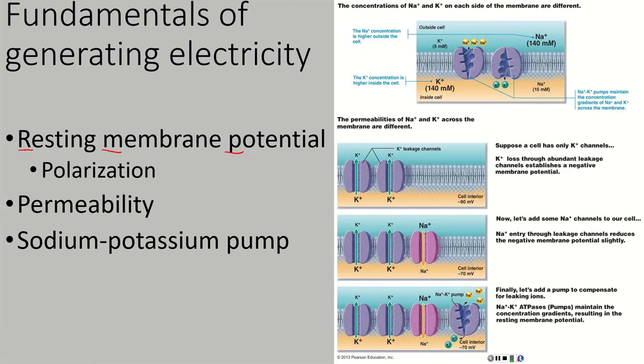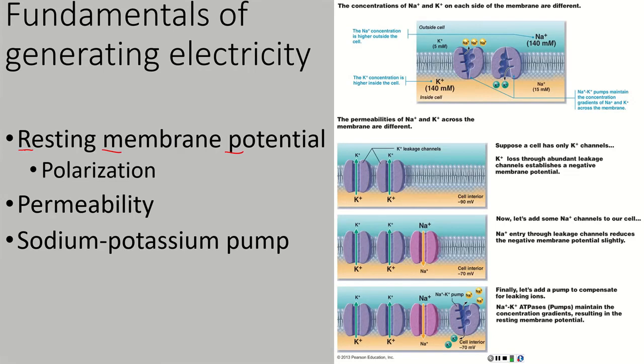How easy is it for those ions to cross the membrane? Well, the easier it is, the more of those ions will cross the membrane. And if we have those charges, like, for example, sodium with his positive charge, if we make the membrane permeable to sodium, more sodium is going to leak through, and it's going to change that voltage because it's bringing positive charges with it as it moves.